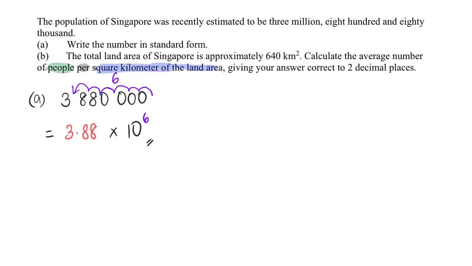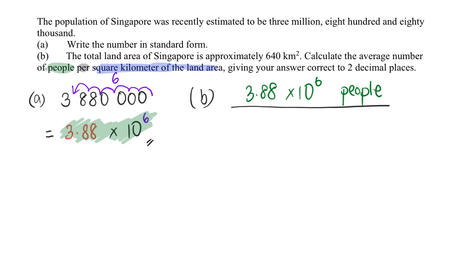So this means that they would want us to express average people. People, what is the number of the people? People is here, 3.88 times 10 to the power of 6 people.